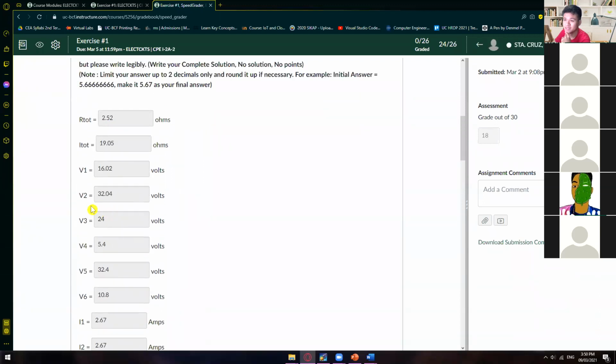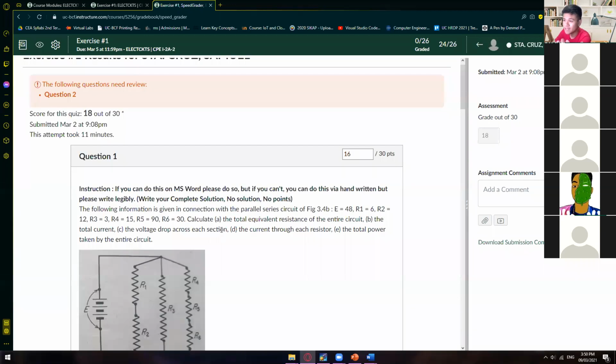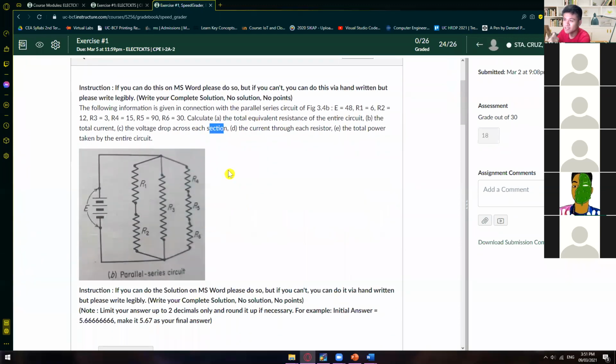But in my case, sir, I just separated it. So that's why it became the individual resistance, not the individual sections. So the correct answer is 48.